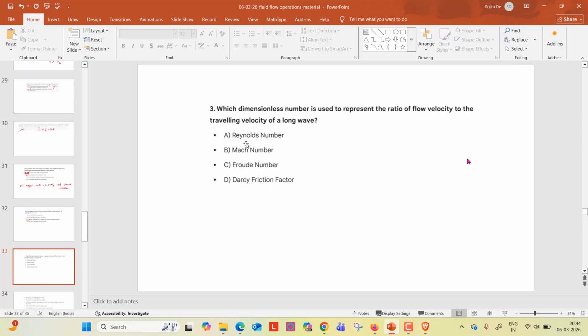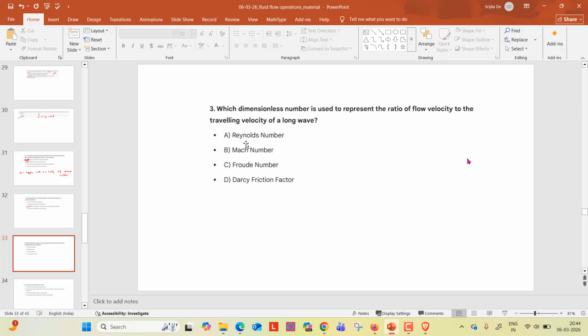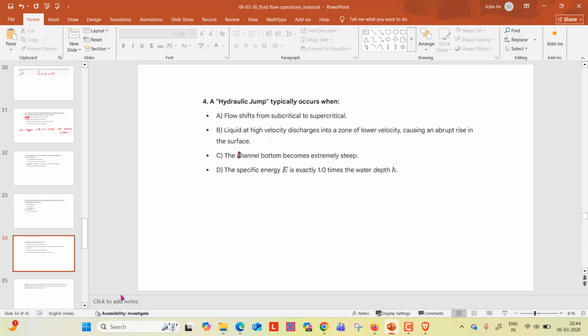Third one, which dimensionless number is used to represent the flow velocity to the traveling velocity of a long wave? So it is the Froude number. Next, hydraulic jump typically occurs when flow shifts from subcritical to supercritical.